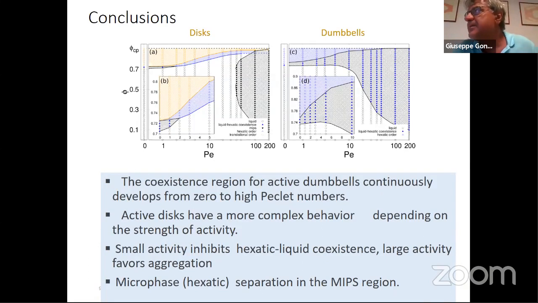And the main difference in the phase diagram of dumbbells is that the coexistence region of the equilibrium case without activity extends towards the region of high activity without interruption, while for disks, you have coexistence here and then you have MIPS. In dumbbells, there is a continuous coexistence region going from 0 to any number of Peclet.